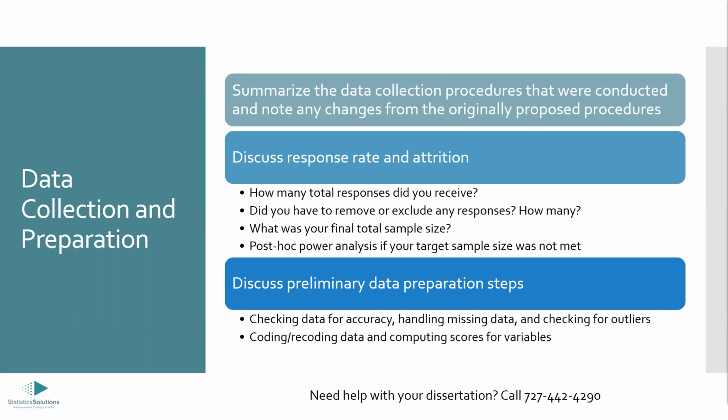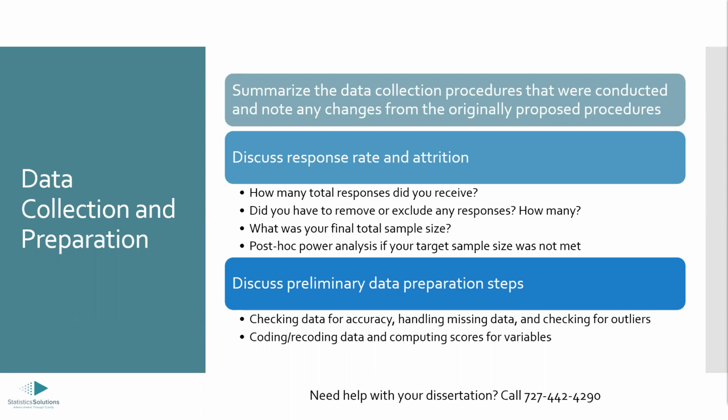Or maybe you didn't have available a specific measurement that you proposed for one of your variables, and you had to use something else to measure that variable, or maybe you had to drop a variable. So, for whatever reason, your data collection procedures may have changed from what you originally proposed, and that should be noted in some way.